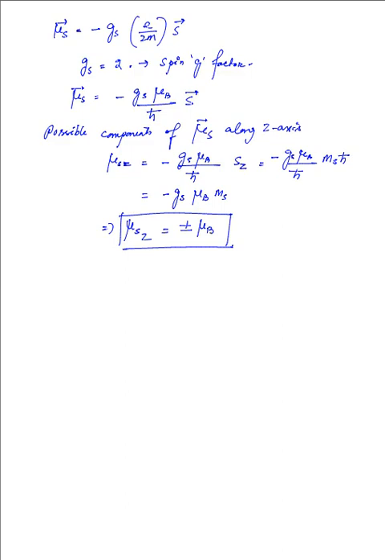Thus, the electron spin was put on a firm theoretical foundation. The practical evidence of its existence came from the Stern-Gerlach experiment that we'll be dealing with later on in this topic.